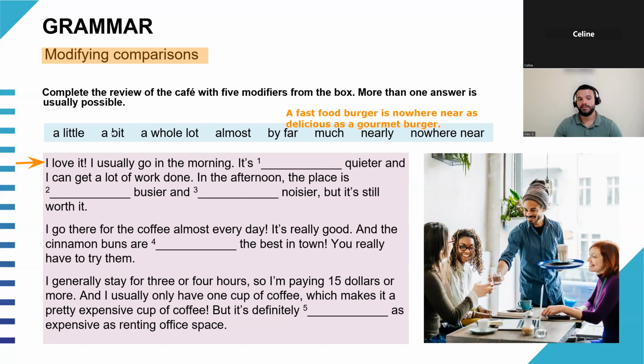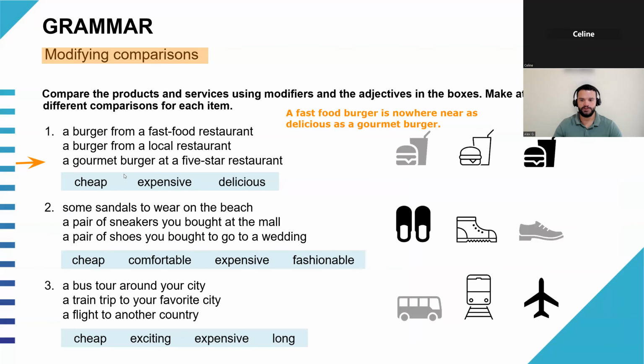So you can say something like, an encebollado is a bit cheaper than ceviche. Okay. So make sure to use one of the ones that we have there. All right. Let's do one more example, Celine.